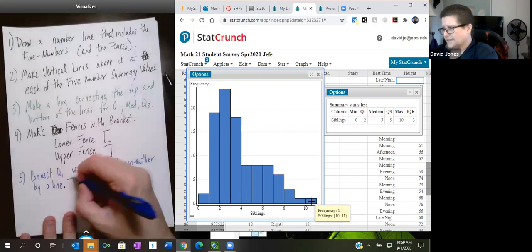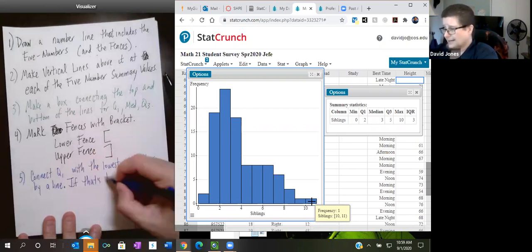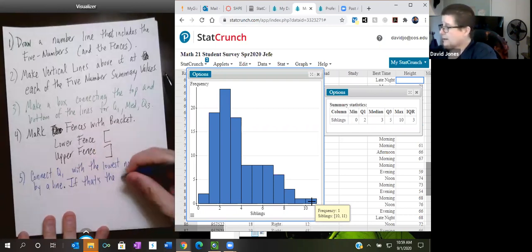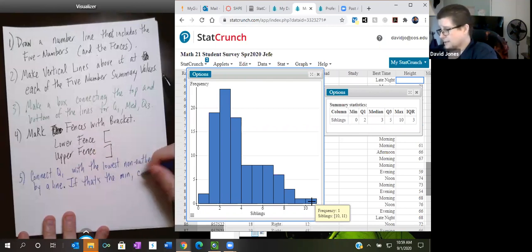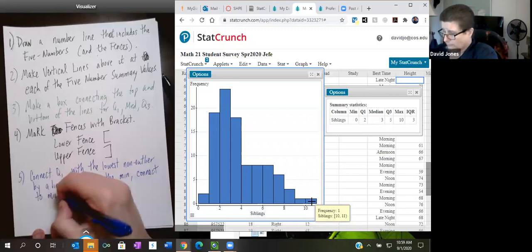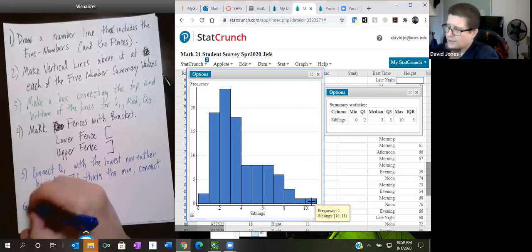And if there's no outliers on the left, connect it with the min. And we'll do the same thing on the top.